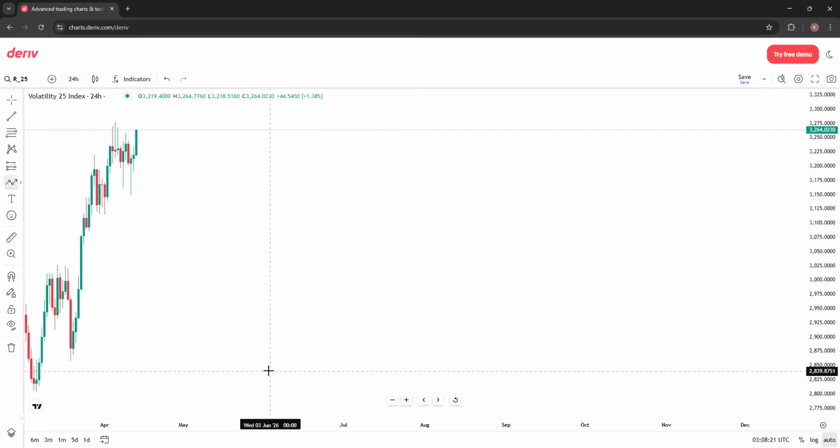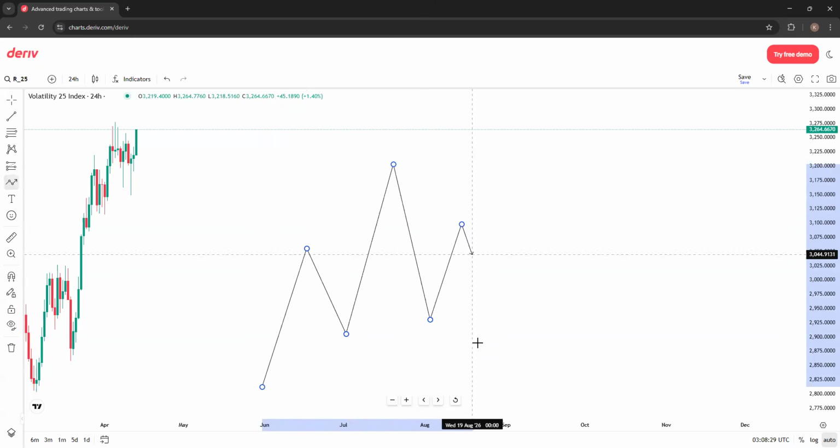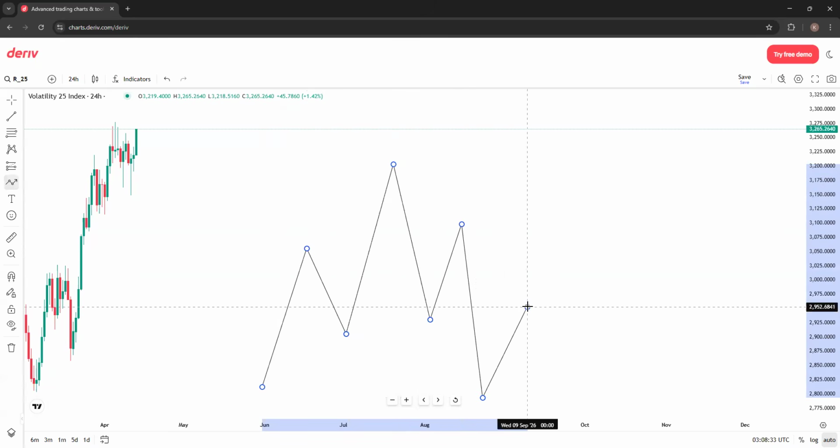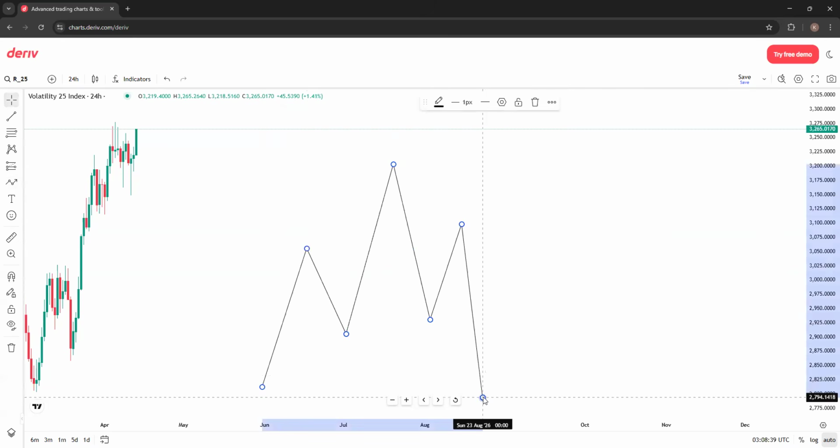A head and shoulders pattern constitutes what we call a shoulder, a head, and a shoulder, right? And then a neckline. So this will be our neckline. Let me just draw it here, and I'll mark everything.